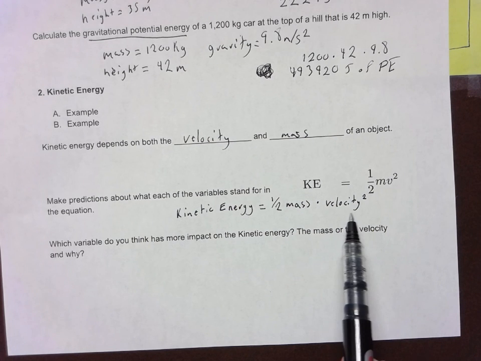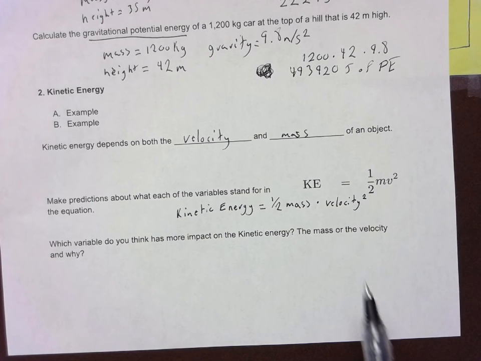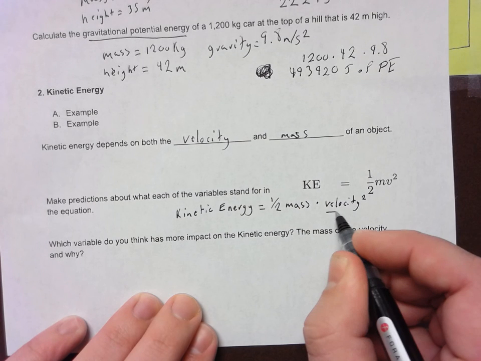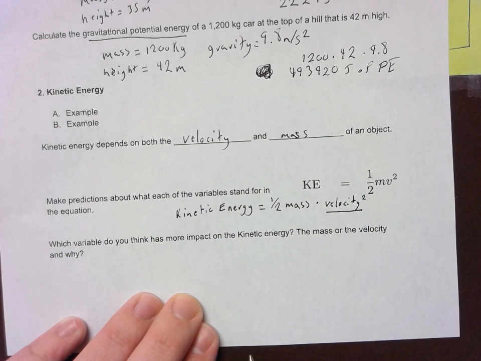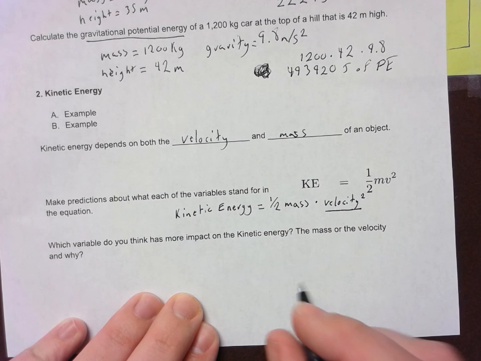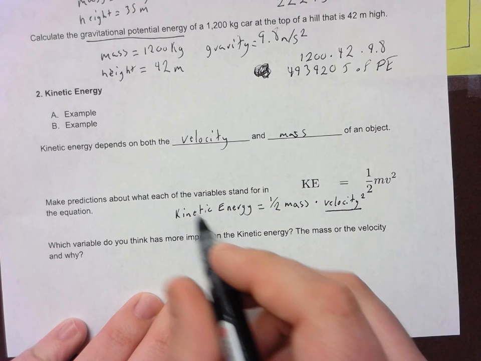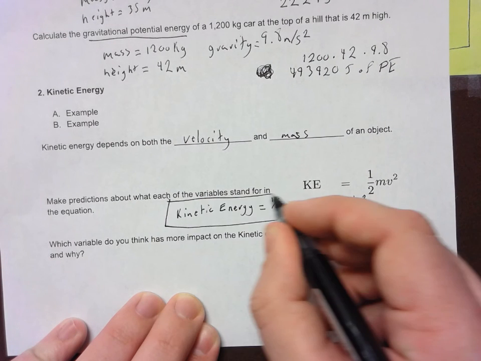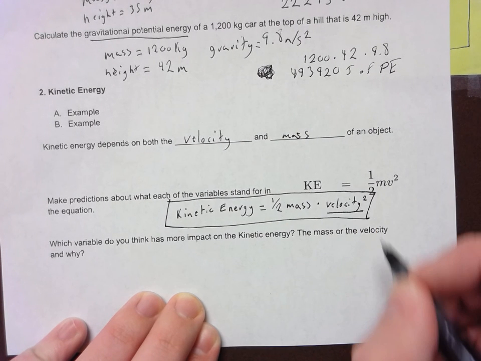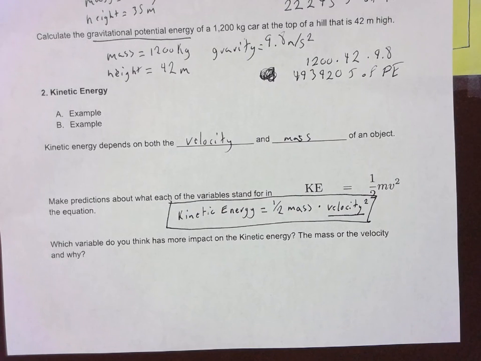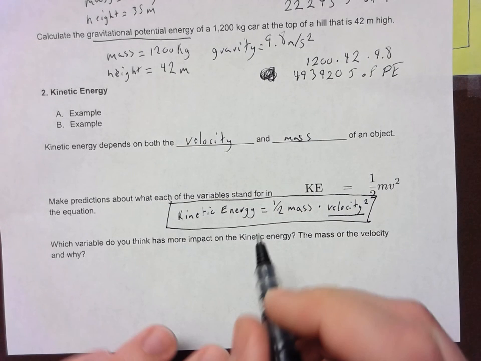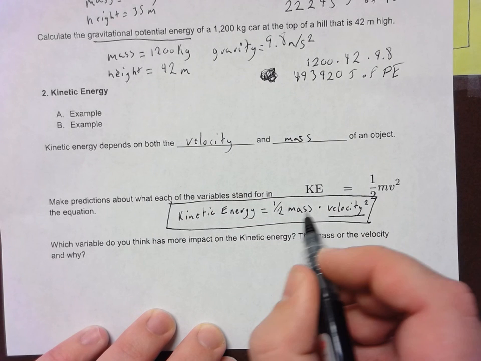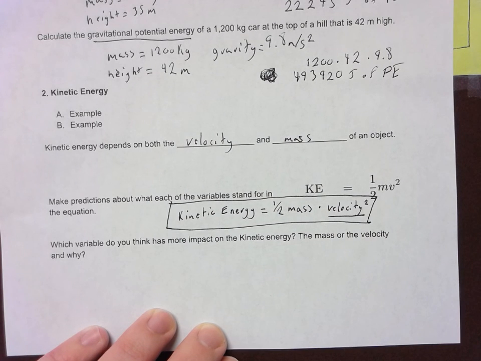So this number will more likely be multiplied by the bigger number every single time. So in this case, if we look at our variables, we're going to see that 1/2 of the mass is what's going into our kinetic energy, but our velocity matters a lot.